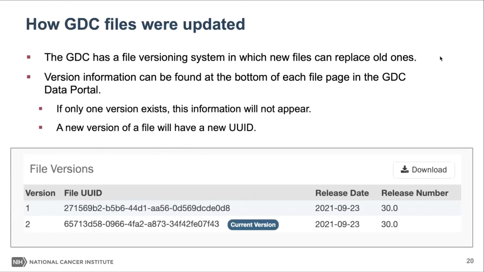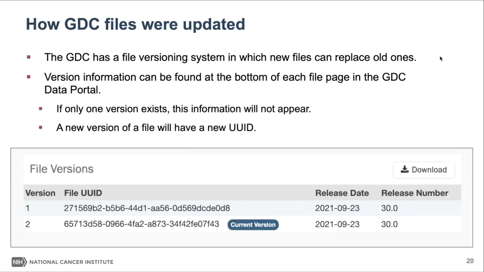And one thing I do want to let everyone know, because this may affect how you download things, is that if you have one file with a UUID and you version it, you create a new version, the new version will have a completely new UUID. It will never be the same.